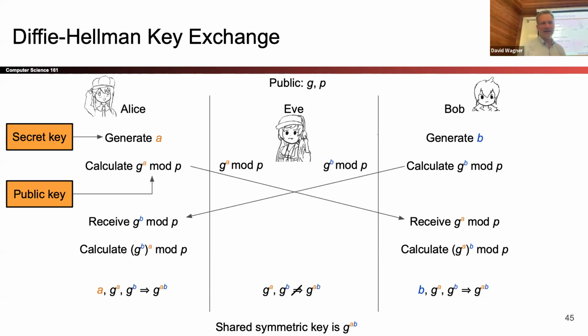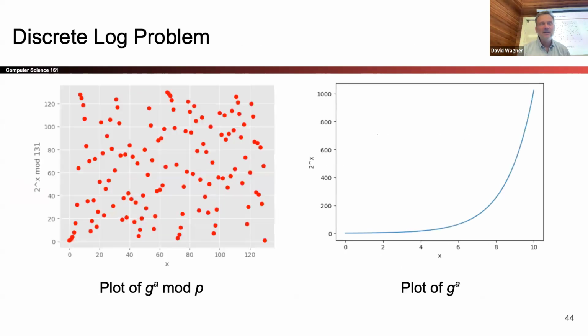messes that up. And I have a visualization of this. In normal numbers, if we plotted g^a as a function of a, you get a nice smooth curve, and smooth curves are nice: you can undo that function, you can find the inverse. But with modular arithmetic, if you plot the curve of g^a mod p as a function of a, it jumps all around. It starts going up, but then it wraps around back down, and then it goes up again and wraps around back down, as fast as it goes up.